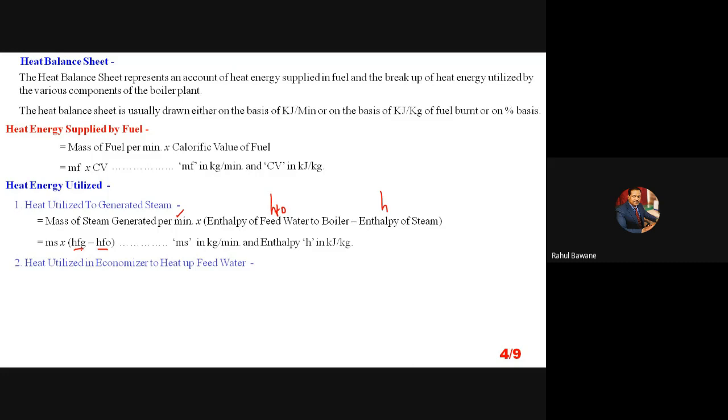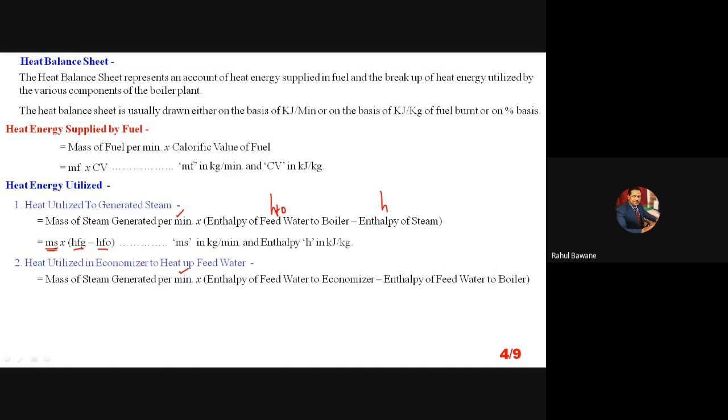Next, heat utilized in the economizer to heat up the feed water. How much heat is utilized? Mass of steam generated per minute. Why again mass of steam generated per minute? In the boiler, suppose ms amount of steam is generated. If this much water gets converted into steam, the same amount of water we have to feed to the boiler again.